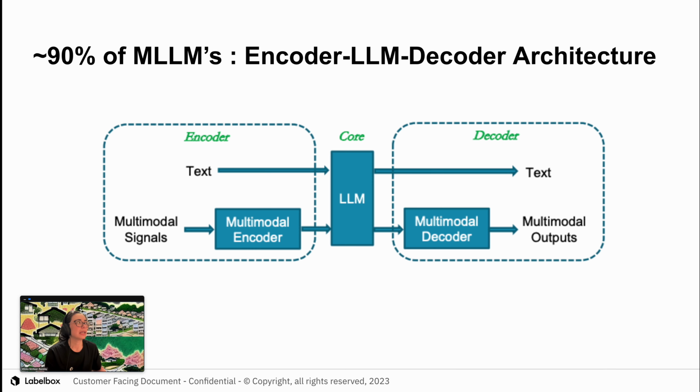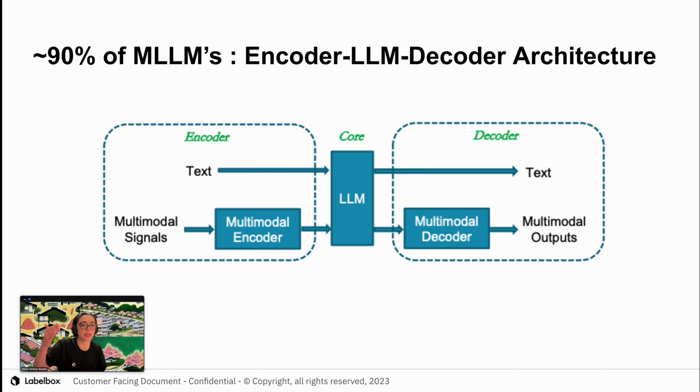Okay, so 90% of MLMs will fall into this encoder, LM, decoder architecture. What's happening in this architecture?